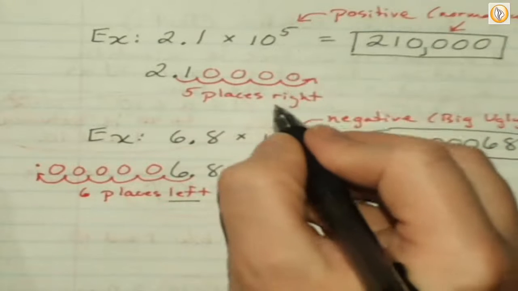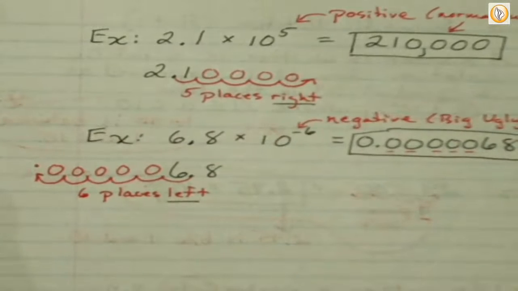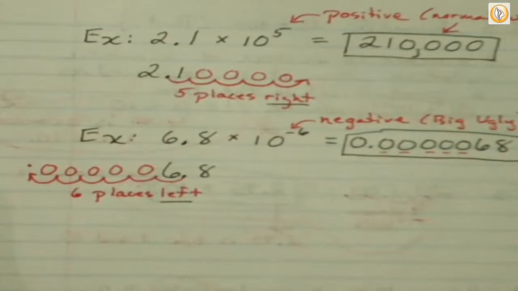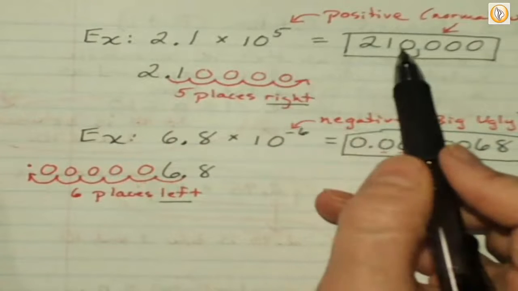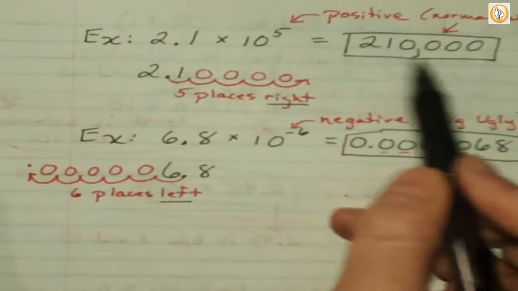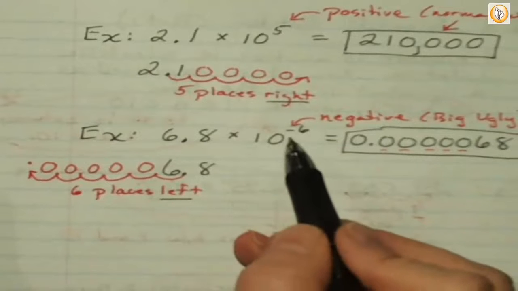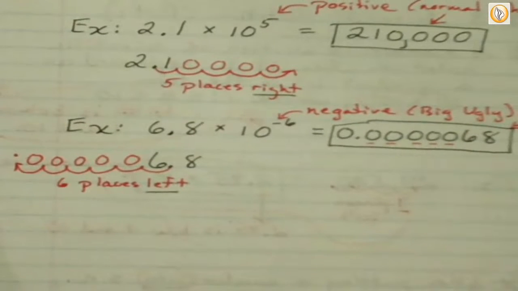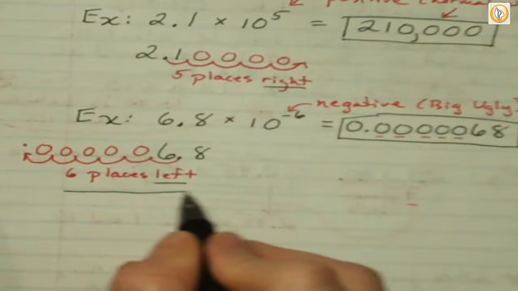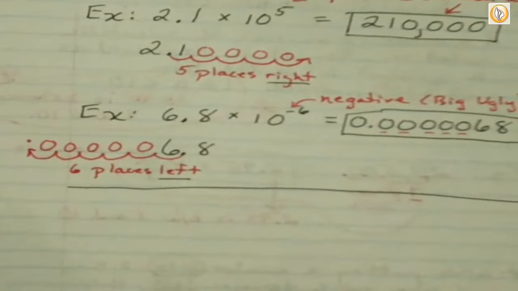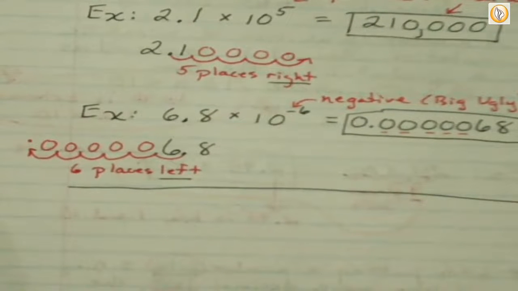If it's positive, you move it to the right. And again, if you can't remember those rules, just remember the end product. If it's positive, it better be a normal whole number. If it's negative, it better be big ugly. So whenever we go to the left once, that counts as a place. It's not just 6 zeros. That's right.